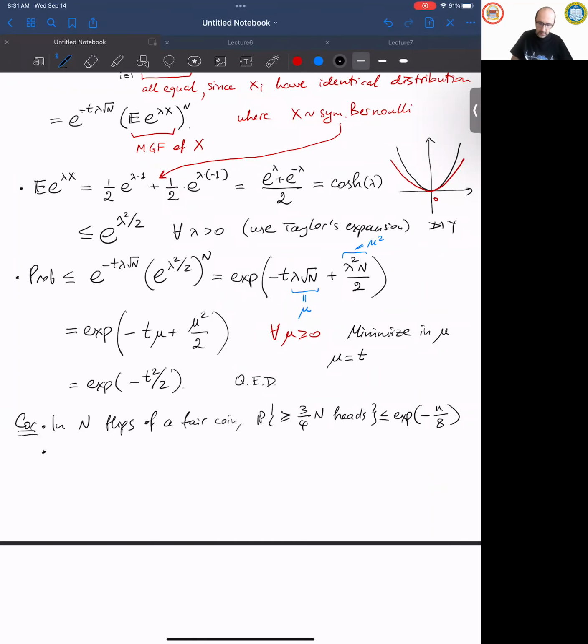And one more example. If it's not symmetric Bernoulli, it should still work.